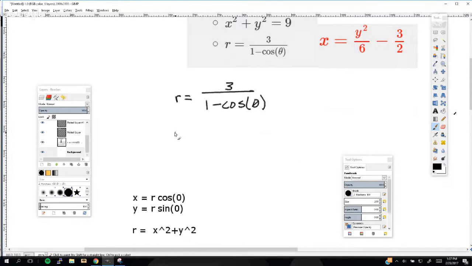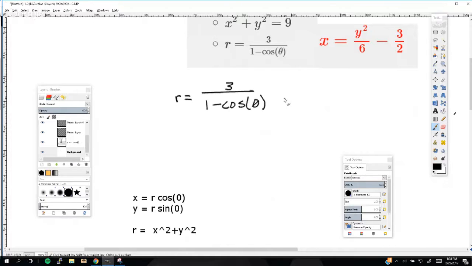I don't think so. I know that r squared is equal to x squared plus y squared. That's how that works. But if we set r to be x, oh jeez, x squared plus y squared is equal to, actually, I feel like we should take care of cosine first.